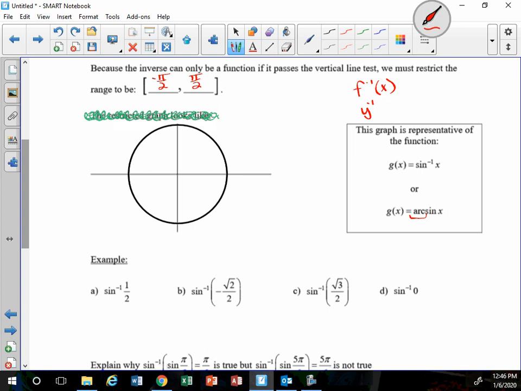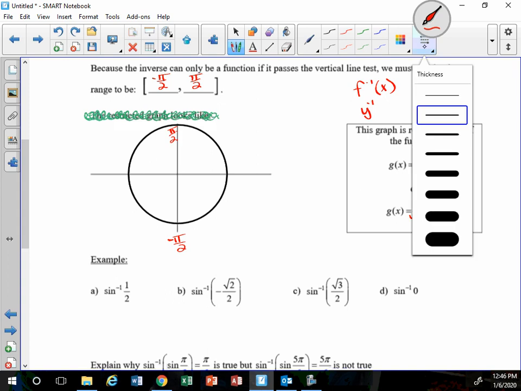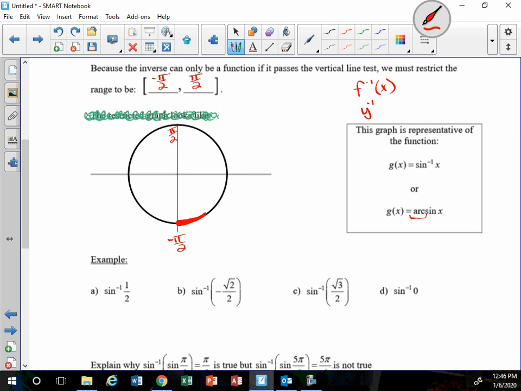Yeah, down at the bottom, right? -π/2, isn't that down there? Okay, where's +π/2? Top, okay. Squeeze that in. If I'm going from -π/2 to +π/2, this is the only part of the circle I can look at.